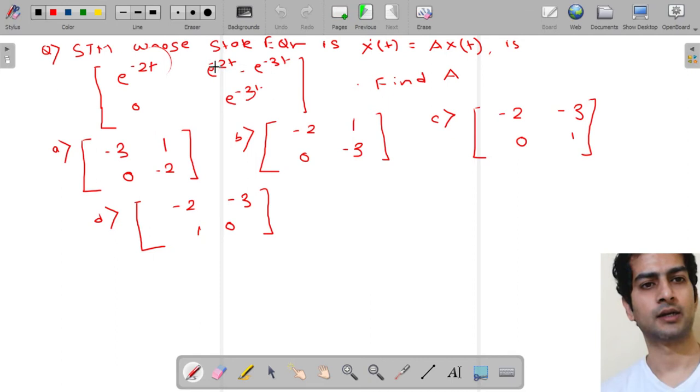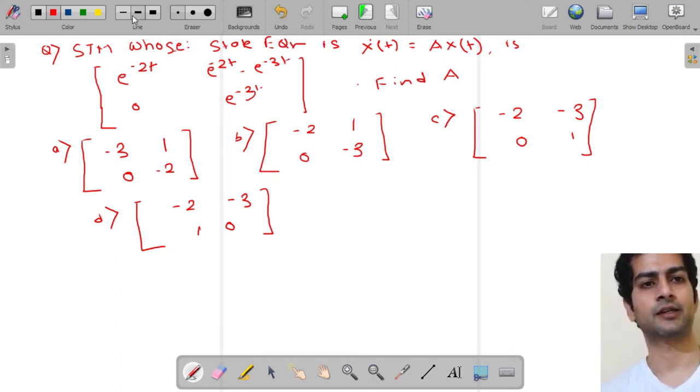Now let's see another question. What is given here? It is given an STM whose state equation is this.